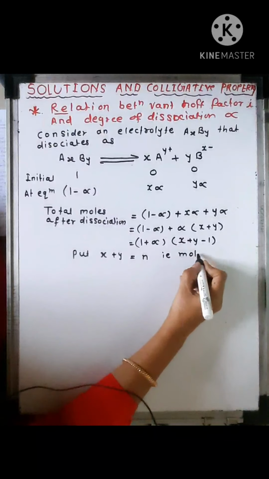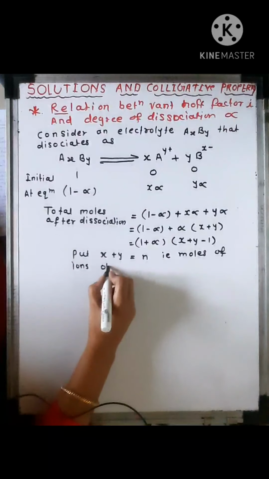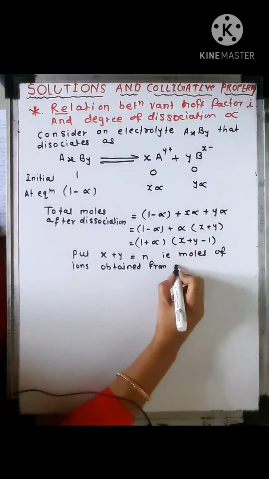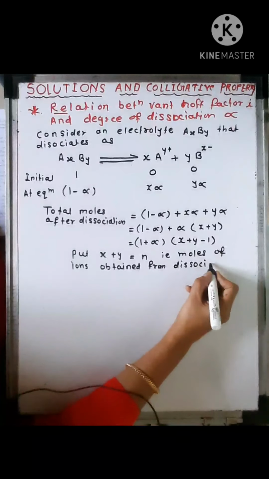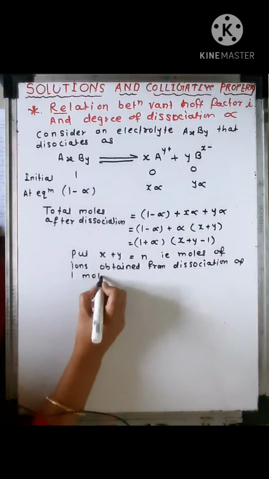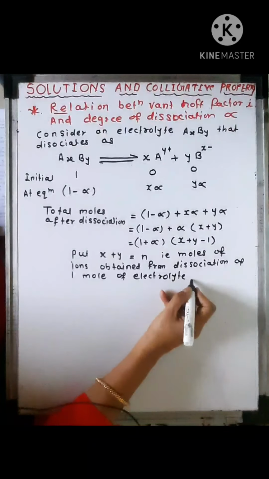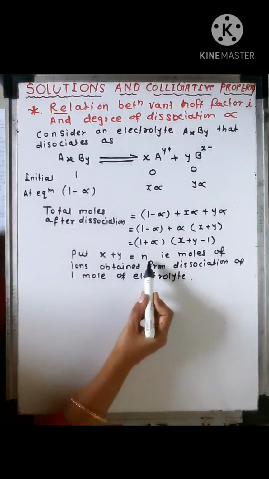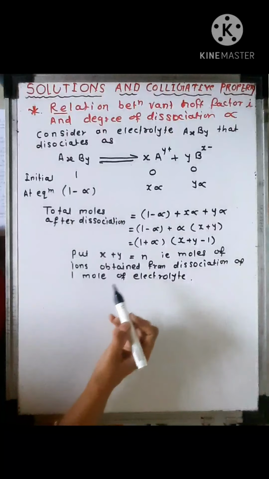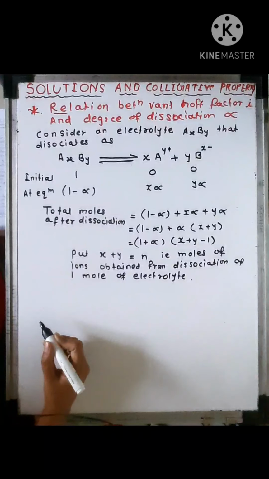Put X plus Y equal to N, that is the moles of ions obtained from dissociation of 1 mole of electrolyte. X plus Y is equal to N, and this N is the number of moles of ions obtained from dissociation of 1 mole of electrolyte, that is AXBY.